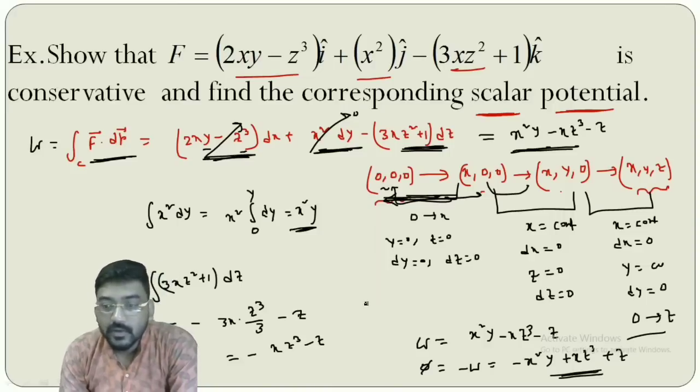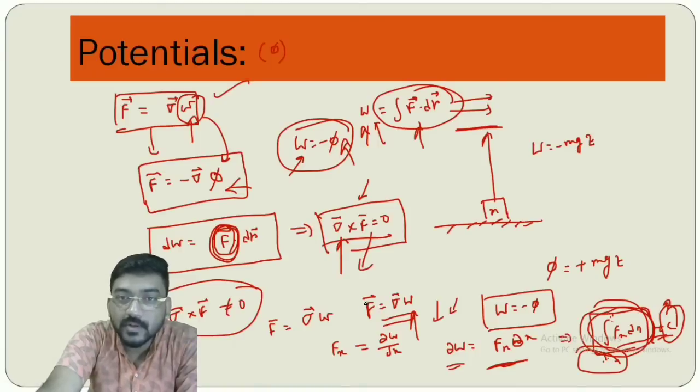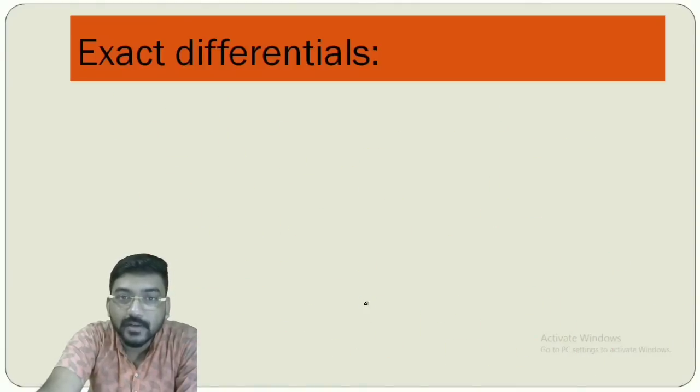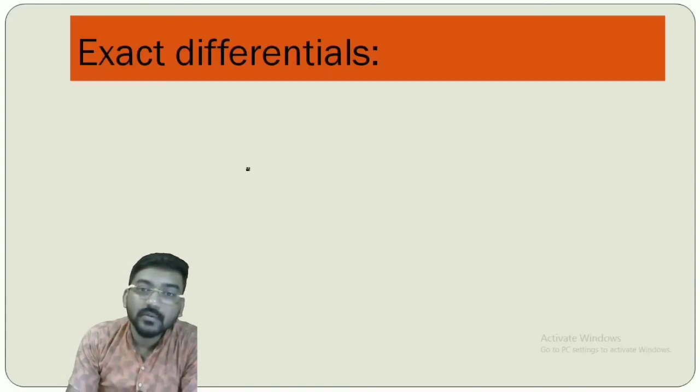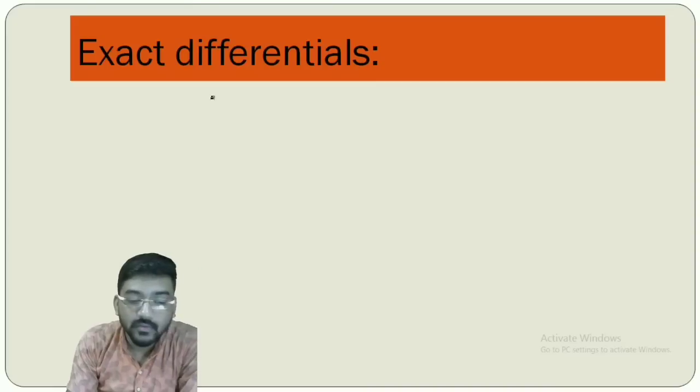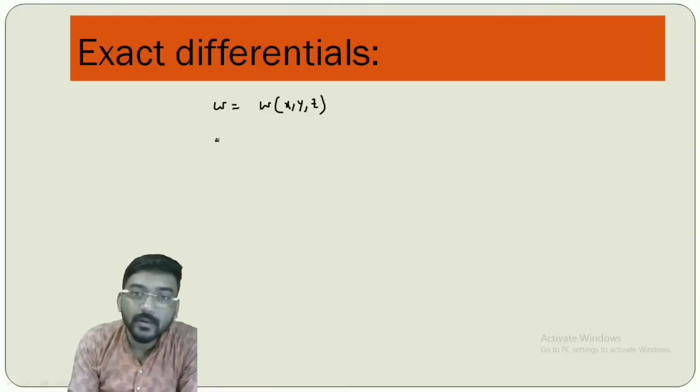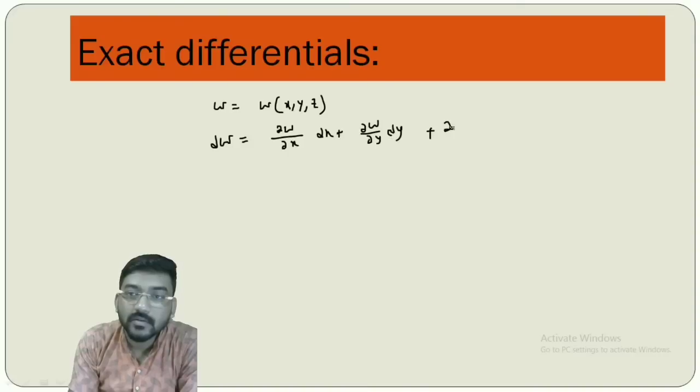Now one thing is left corresponding to this topic, that is exact differential. So what is exact differential? Whenever you have f dot dr, you can see W is a function of x, y, z, and we know dW is equal to del W del x into dx plus del W del y into dy plus del W del z into dz.